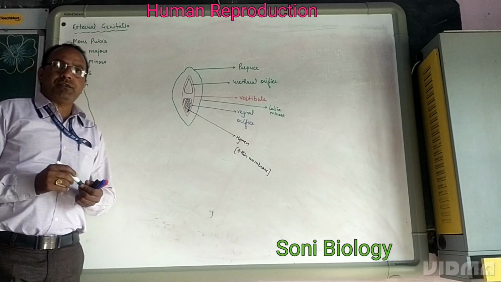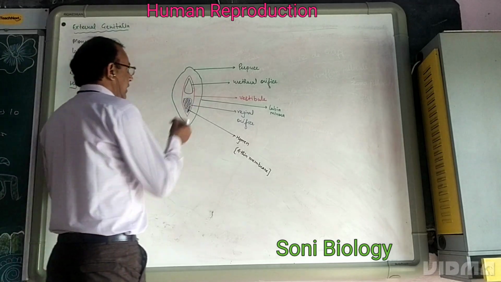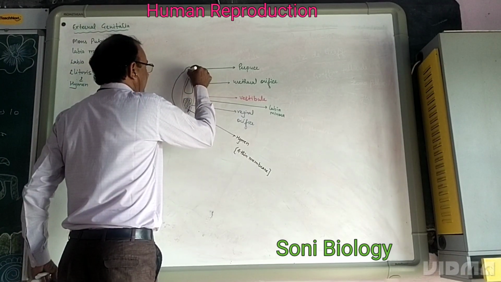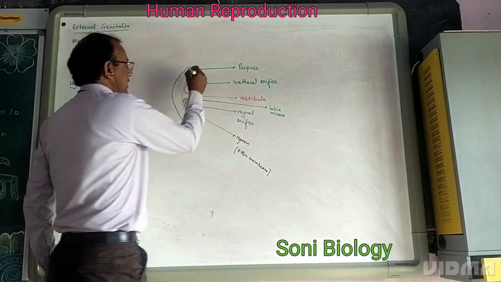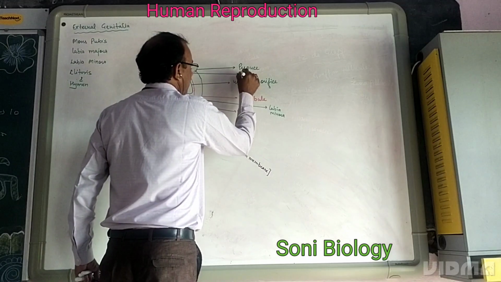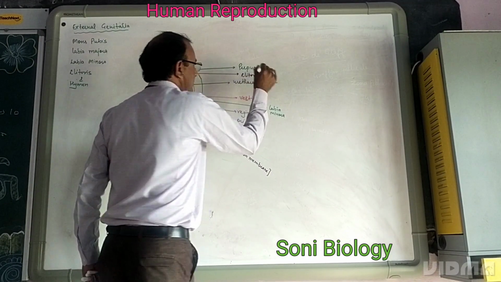Prepuce is a soft folding skin of the labia minora which covers one erectile finger-like projection. This erectile finger-like projection is known as clitoris.